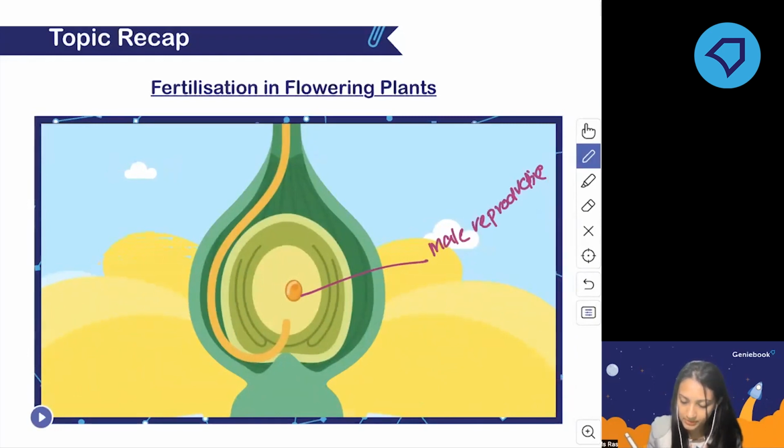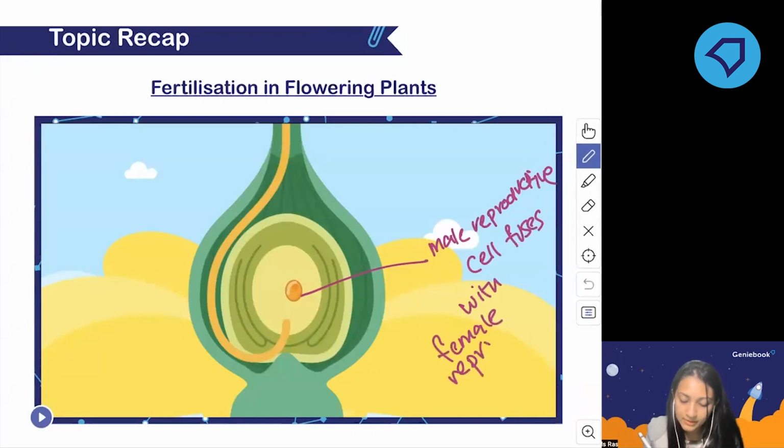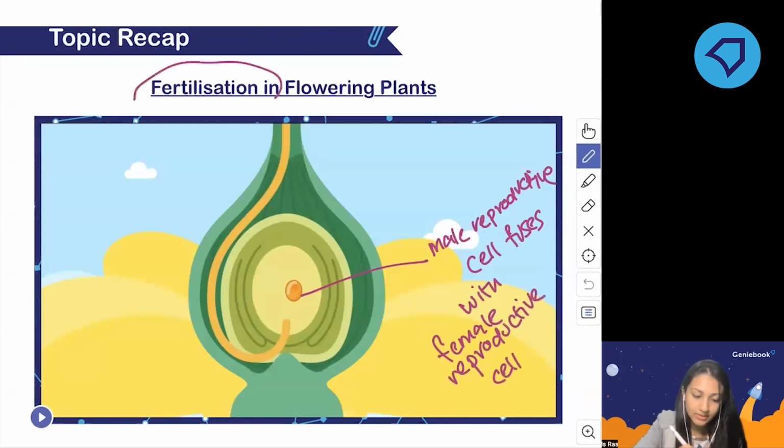Oh, no space. Hold on. Let me erase this part first. Okay, the male reproductive cell fuses with the female reproductive cell. You must learn how to use all these proper terms. Right, so this is the process of fertilization.